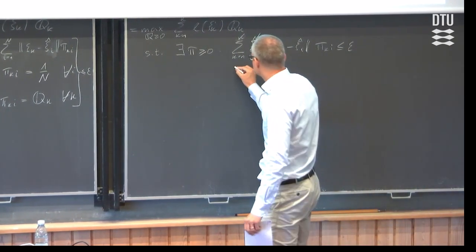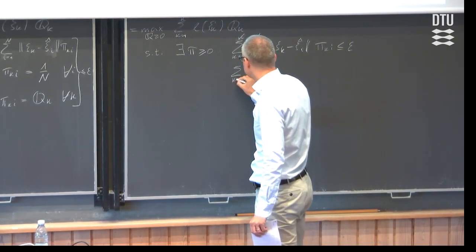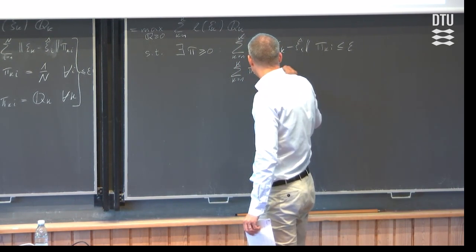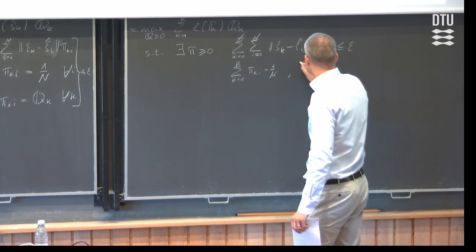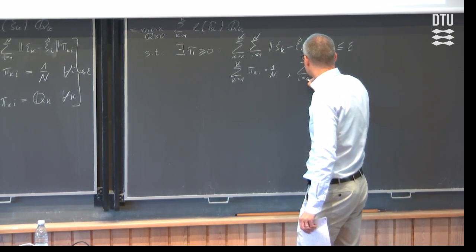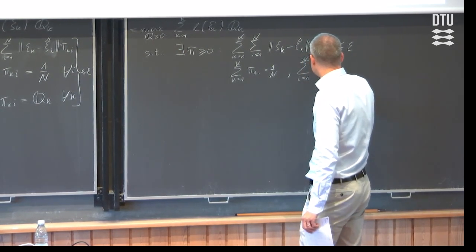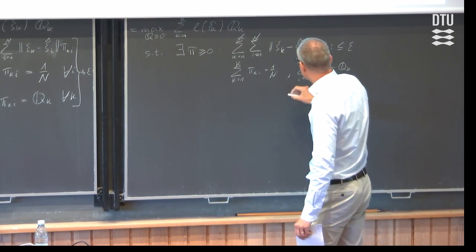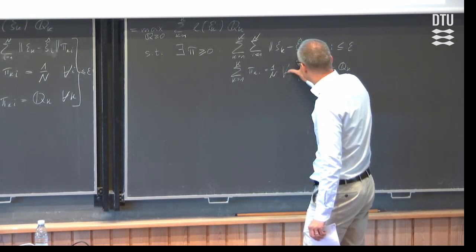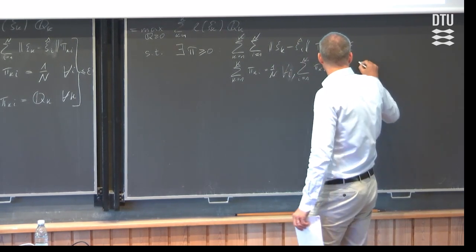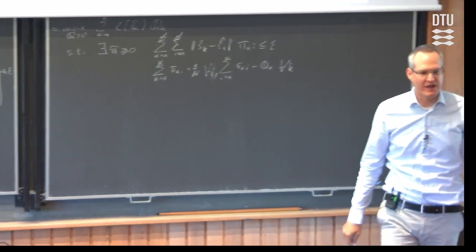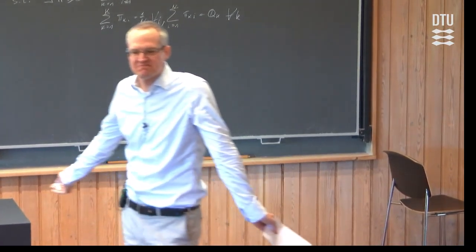And the constraints: the sum from k equals 1 to capital K, pi_ki is equal to 1 over n, and the sum from i equals 1 to n, pi_ki is equal to q_k. So that's for every i, and that's for every k. That problem is the same.